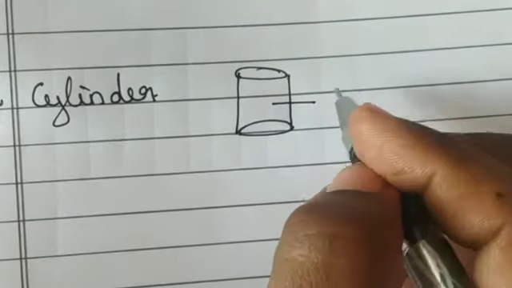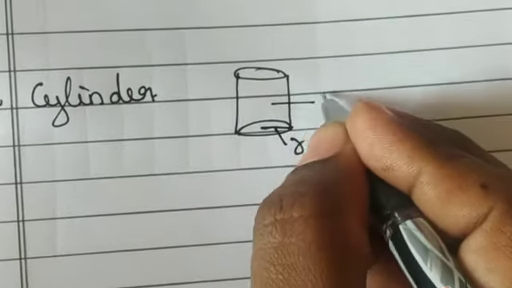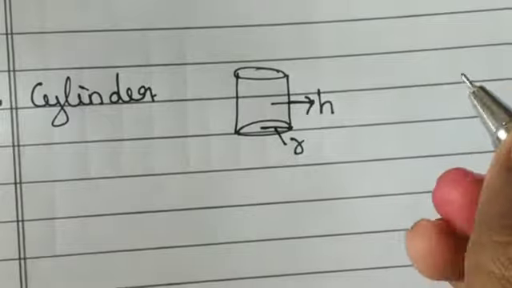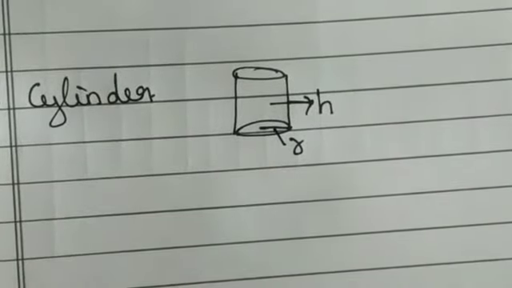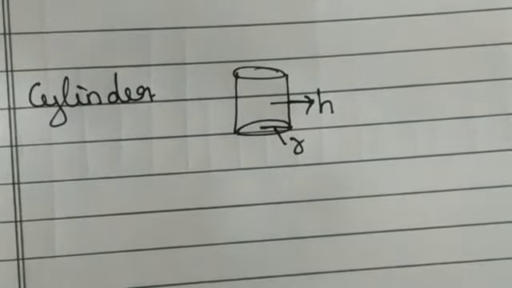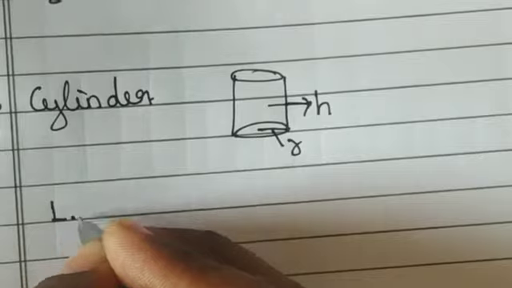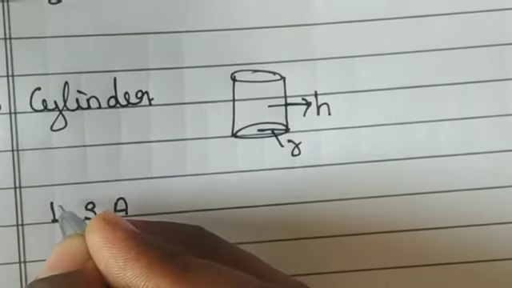Here, on the curved surface, we will get the radius, and this is our height. In the curved surface we will draw, and when we draw, we will get the radius only. So for the cylinder, we will not write lateral surface.